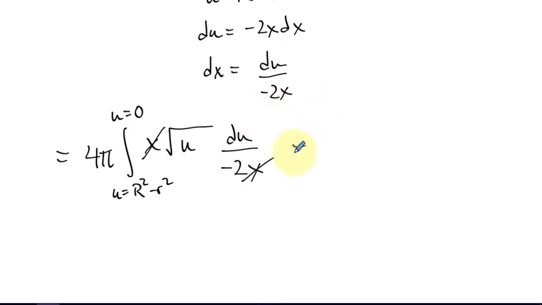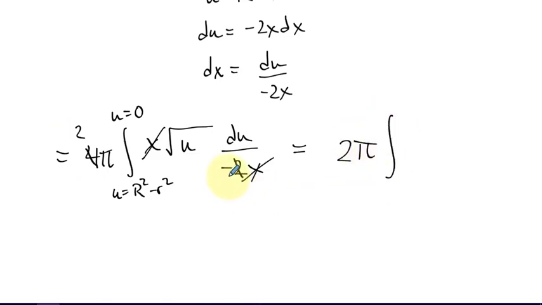A neat little trick I can play here is, because of the negative, I can factor the negative 2 out. But what I'd like to do, just because it's possible and it's a good chance to show this at work here, I'll just drop the negative and switch the bounds of integration, and I'll also cancel the 2 with the 4. So I end up with 2 pi.